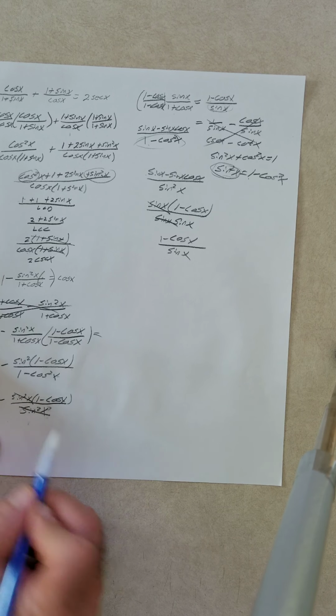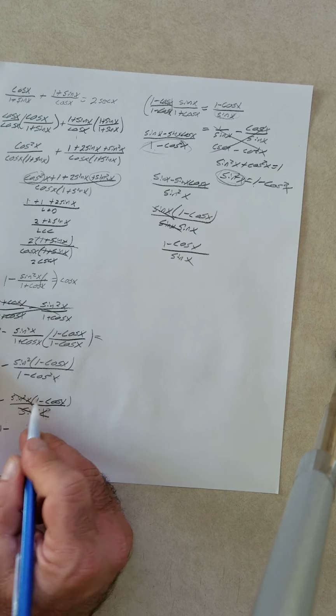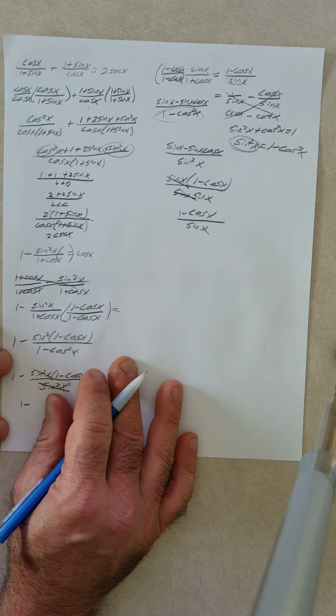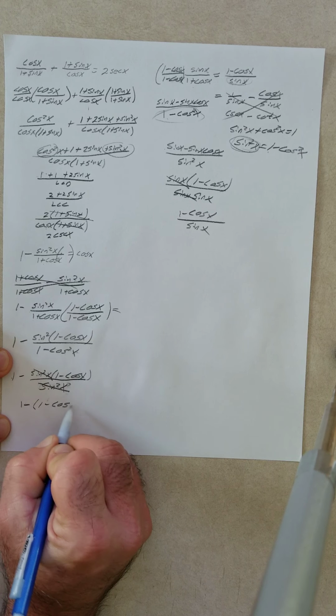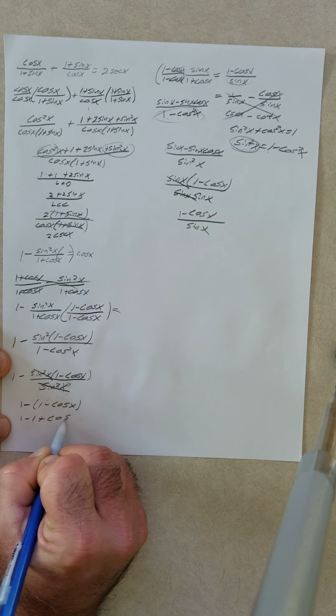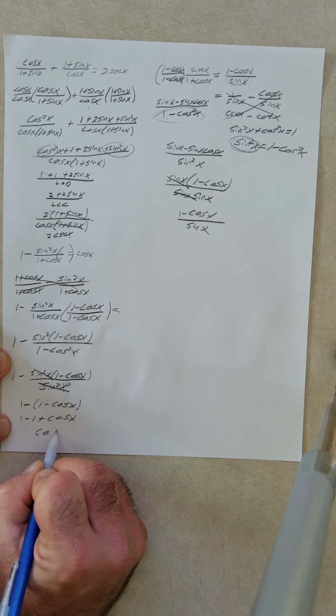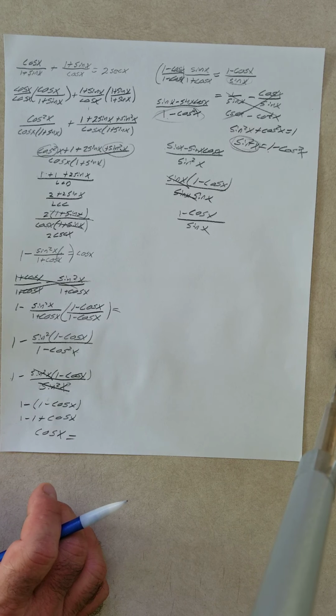Sine squared of x cancels with sine squared of x, so I have 1 minus, sorry about that, 1 minus the quantity 1 minus the cosine of x, distribute that negative over, 1 minus 1 plus cosine of x, and that gives me cosine of x, which is exactly what I was going for.